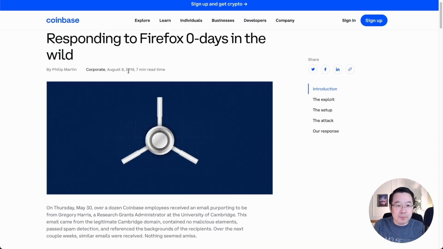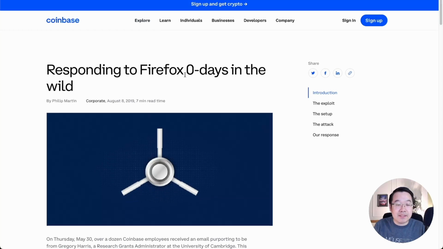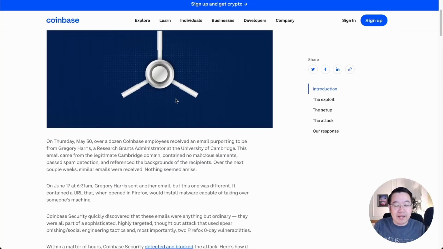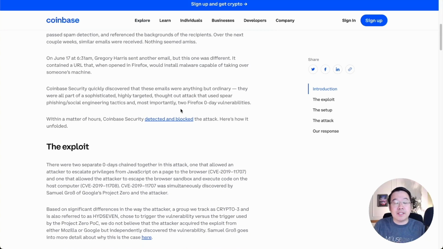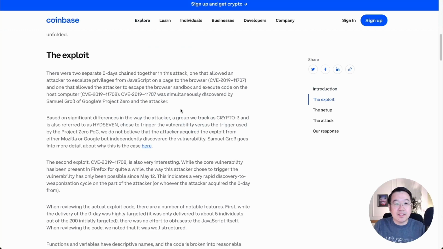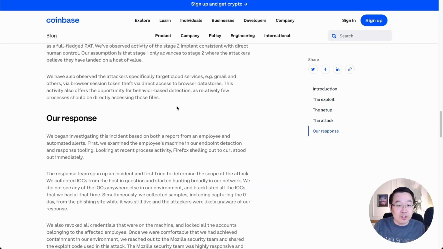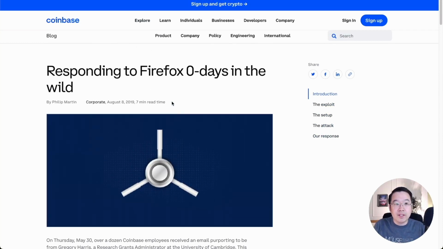This was from a long time ago, but this gives you a glimpse of how crazy secure and advanced their systems are, because they're able to stop zero-day exploits and some crazy intricate scheme that hackers went to try to get access to Coinbase systems, but they were able to stop that without skipping a beat, right? So I'm not going to read this entire post to you, but it was so advanced and Coinbase was able to stop it because of how powerful and like Fort Knox their systems are.